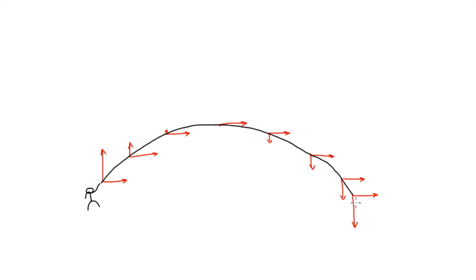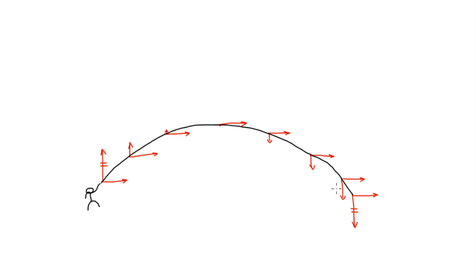And actually, no matter whatever height it is at, the speed upwards will be the same as it is downwards. So the speed of this is the same as the speed of this, because the direction here is downwards, whereas up here it's upwards, so the velocity can't be the same.